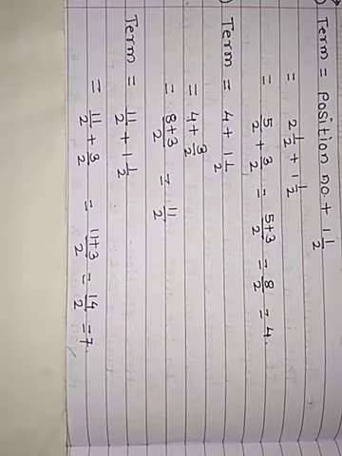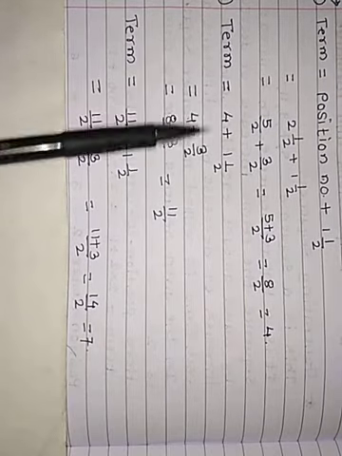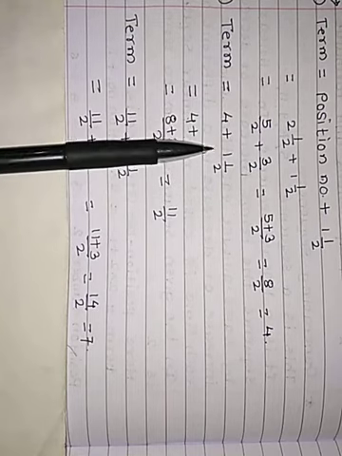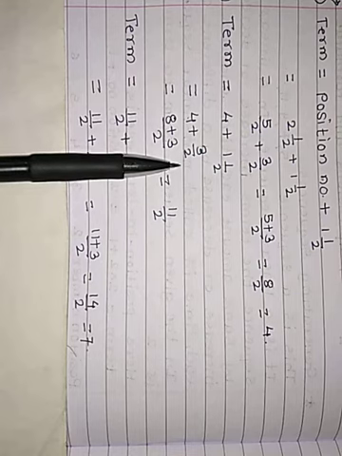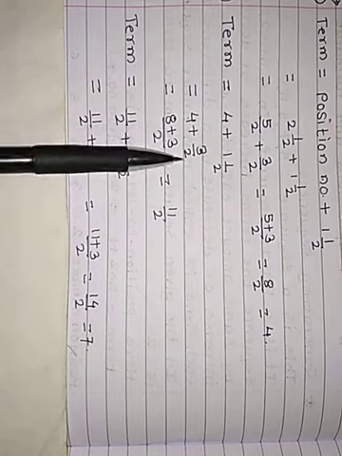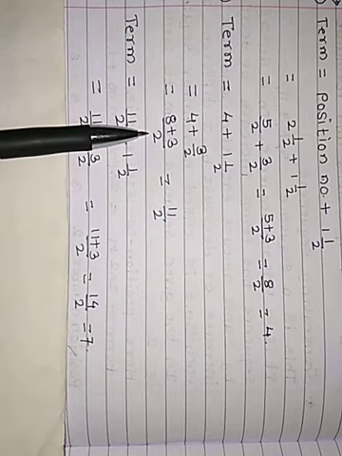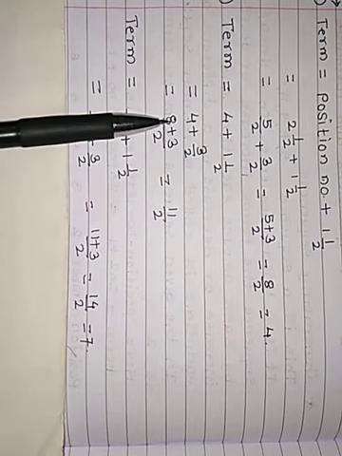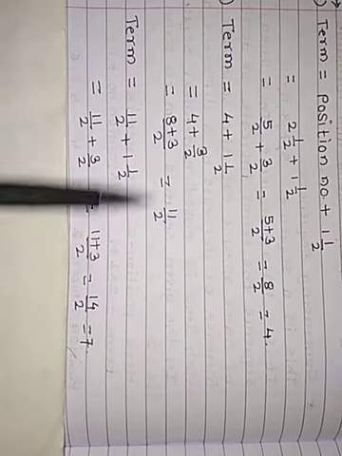Okay. Similarly, see here, the next term will be 4 plus 1.5. So 4 plus 3 upon 2 is equal to 4 times 2 is 8, plus 3. It will be divided by 2. We have to equalize the base and find the value.